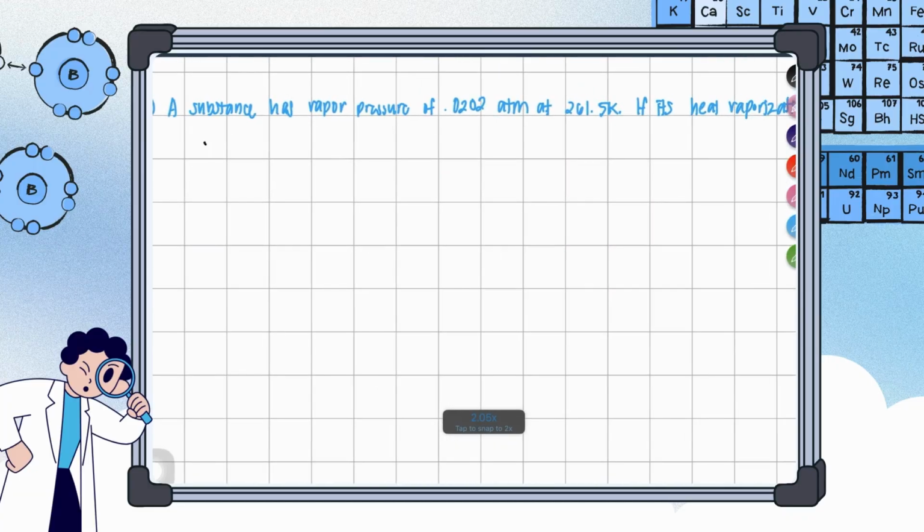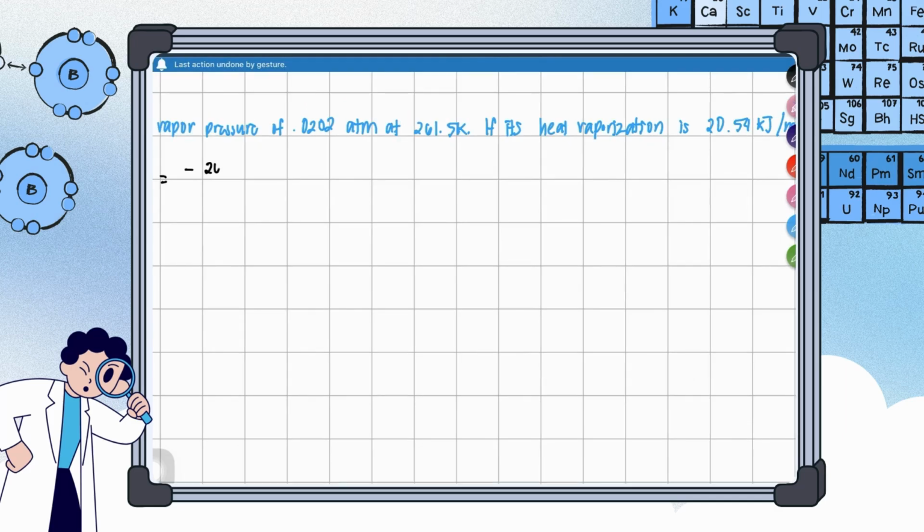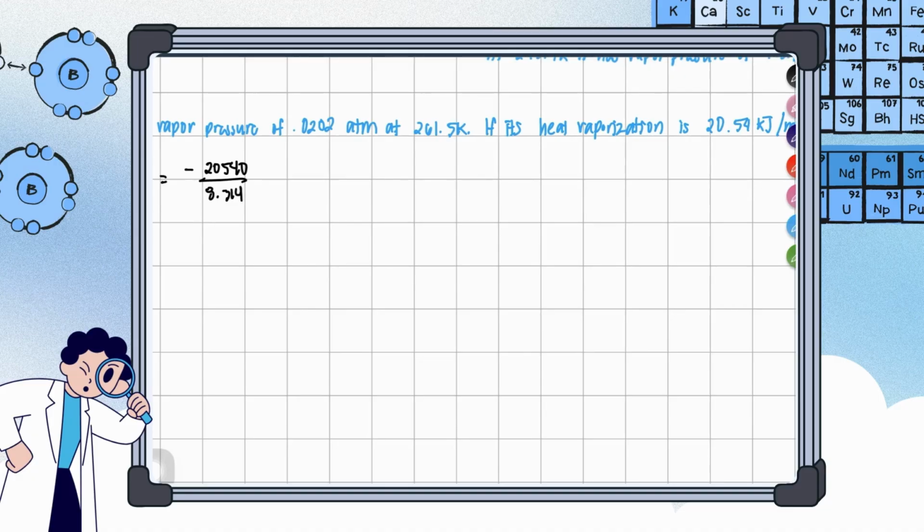So ln of P2 over 0.0202 equals negative 20,540 over 8.314 times 1 over 240.9 minus 1 over 261.5.